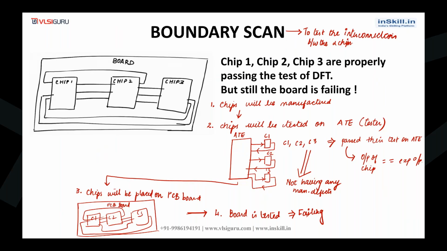Now why is the board failing? It can be due to manufacturing defects in the interconnections between the chips, between the two chips.